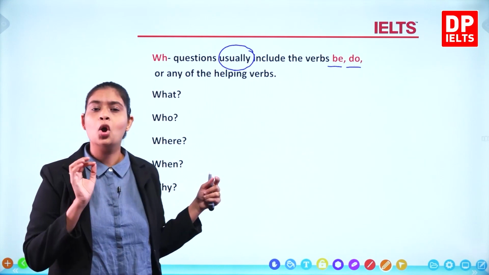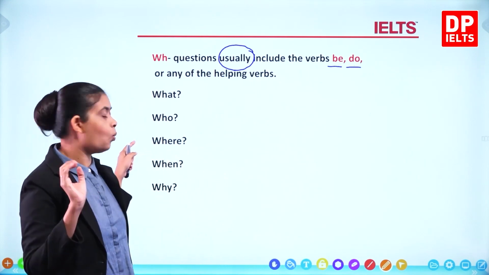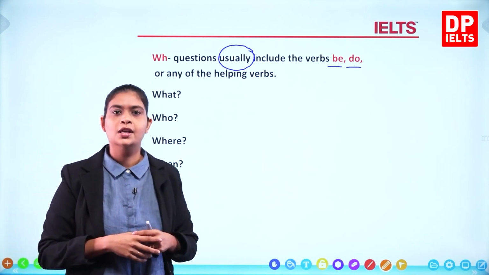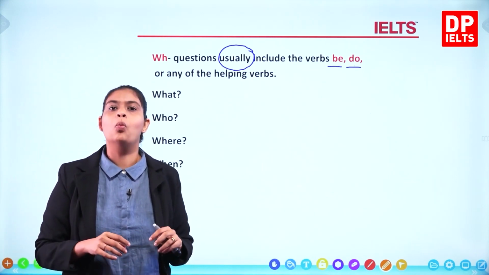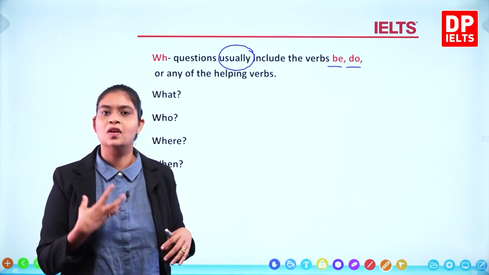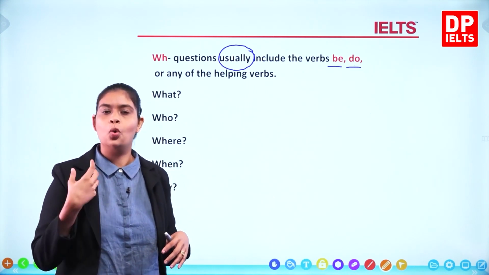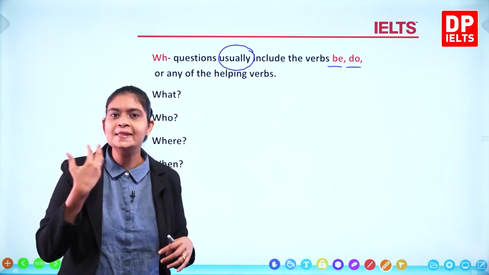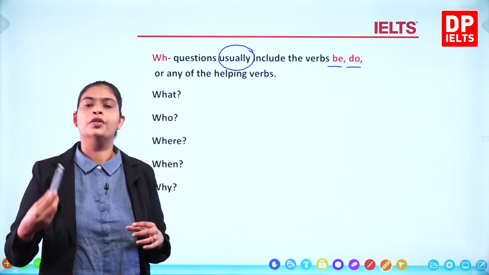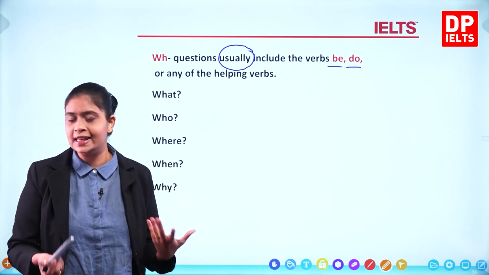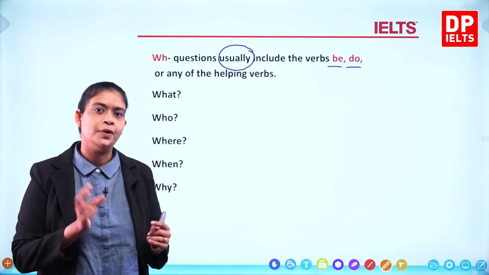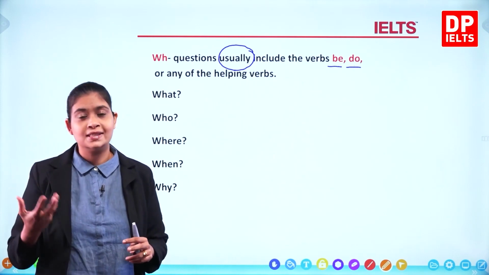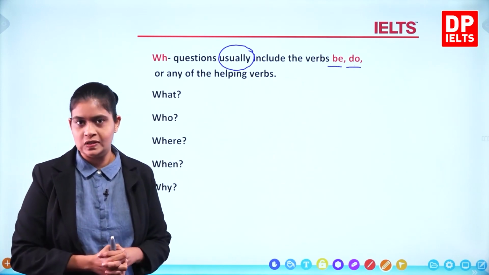Again, what, who, where, when, why. Wah sound. So the W usually is wah, wah. What, where, when, which, whom, whose. Wah sound. Please pay attention to the pronunciation, because in certain lessons I always bring that out because it is useful for you in speaking and listening.